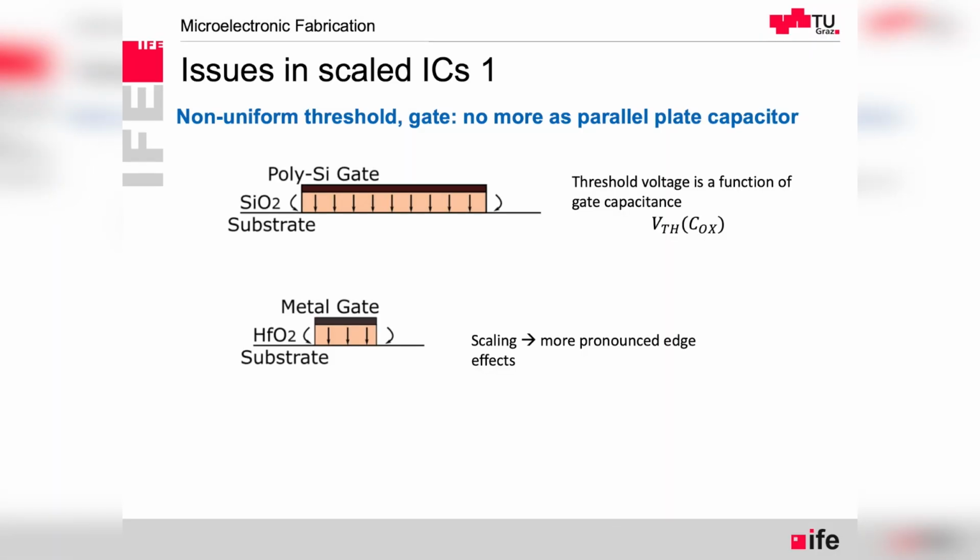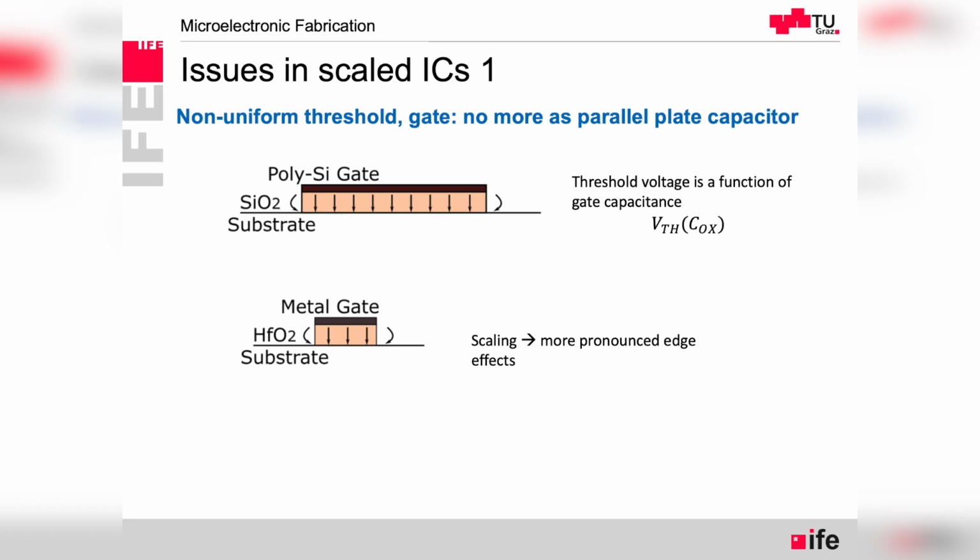So regarding the first point, the non-uniform threshold: because the width of the transistor is getting narrower, the threshold voltage is a function of the gate capacitance. That's something that we have seen in the previous units. At the edge, it's not an infinite parallel plate capacitor, but it has this edge effect.